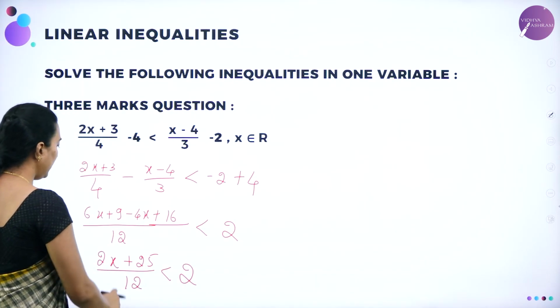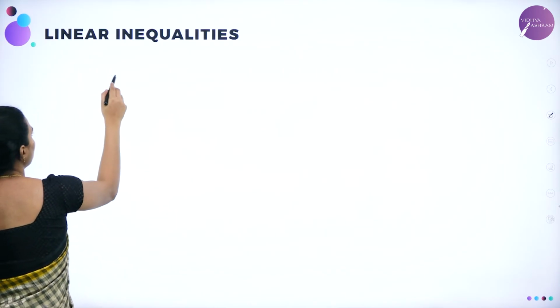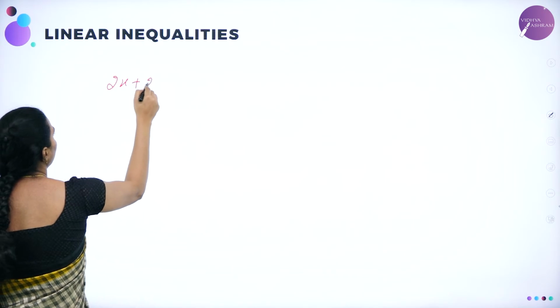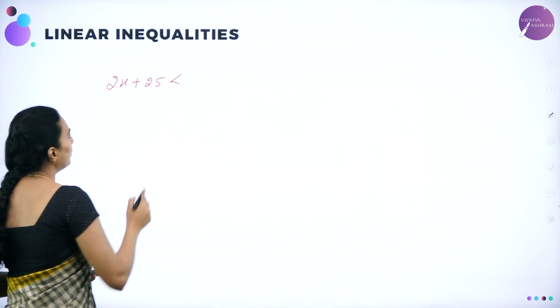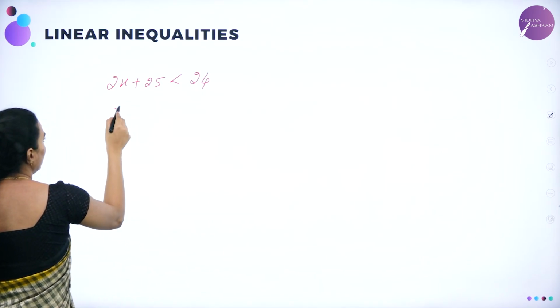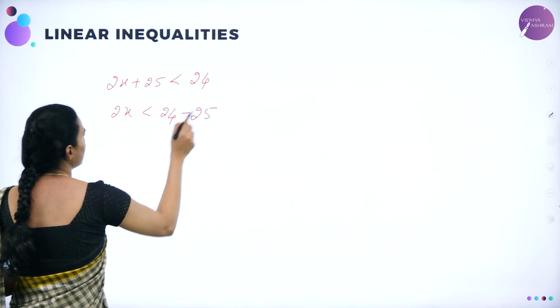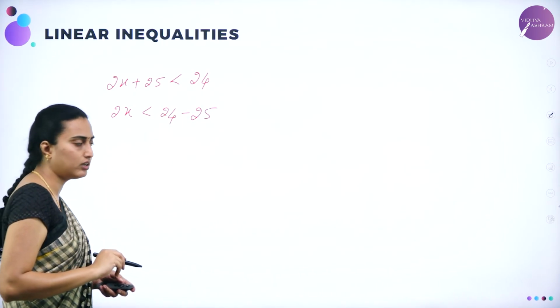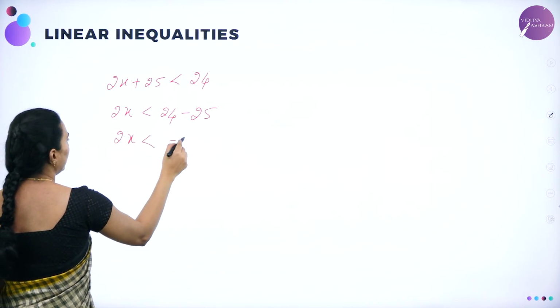Now you can take this 12 to that side or multiply by 12. So what happens? 2x plus 25 is lesser than 12 into 2, which is nothing but 24. Now you can take 25 to that side. 2x is lesser than 24 minus 25, or subtracting 25 on both sides. Both are also the same. So 2x is lesser than minus 1.